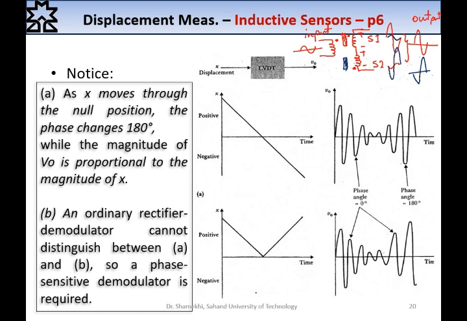And as you can see, the polarity or the phase angle of the output is 180 degrees, or reverse phase angle. Positive, negative, positive, negative, and negative, positive.